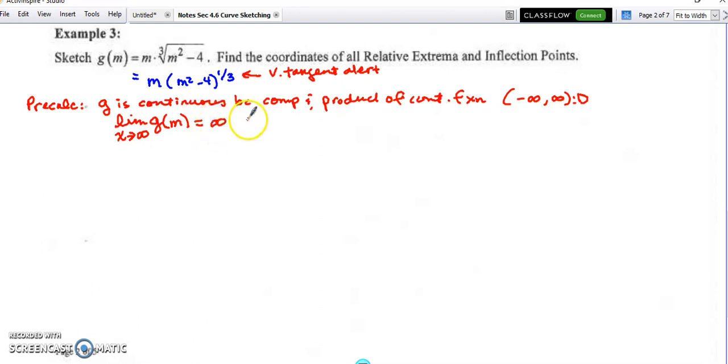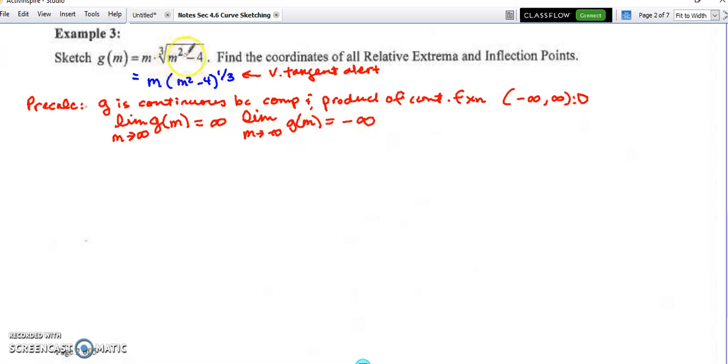But on the left side, the limit as m goes to negative infinity of g of m, that would be negative infinity.